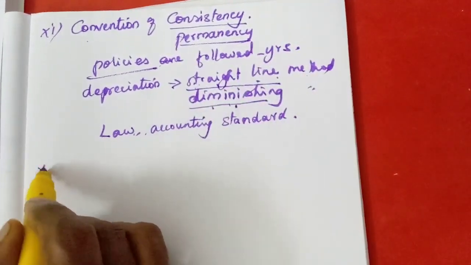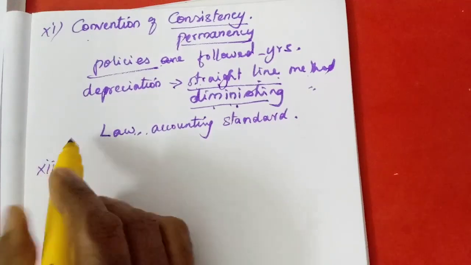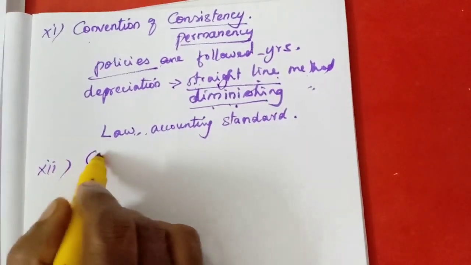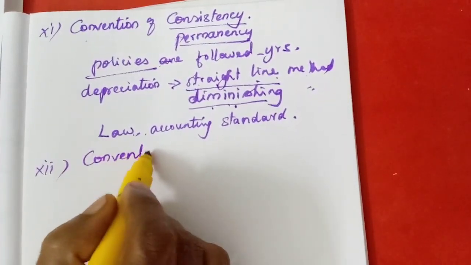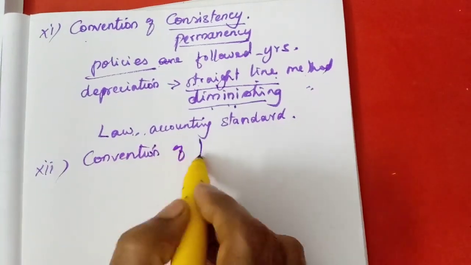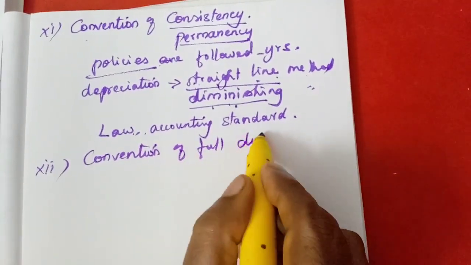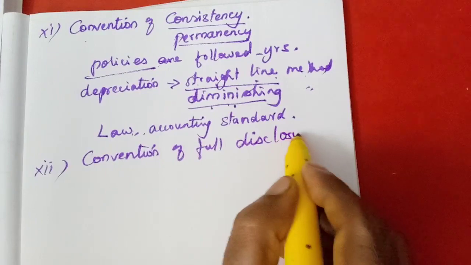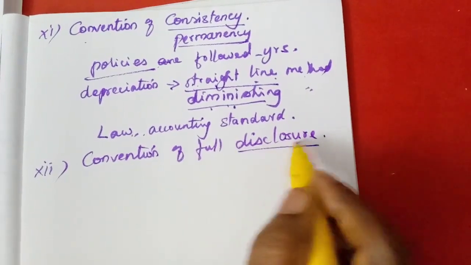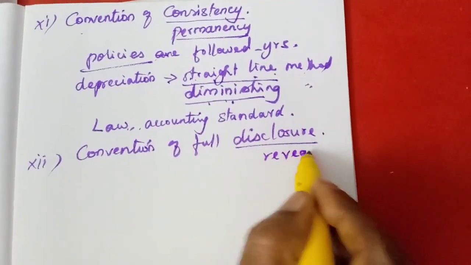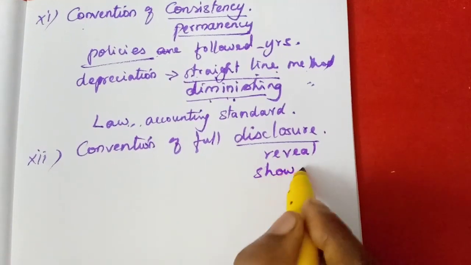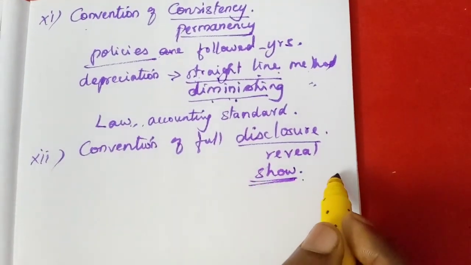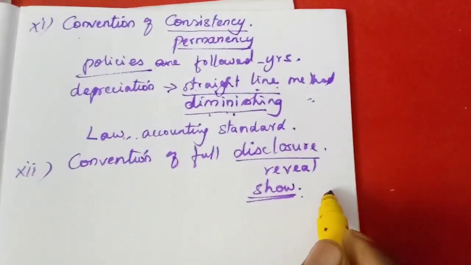Then the 12th one, convention of full disclosure. All the particulars must be, what is disclosure? Reveal. They have to show all the transactions in the books of accounts.